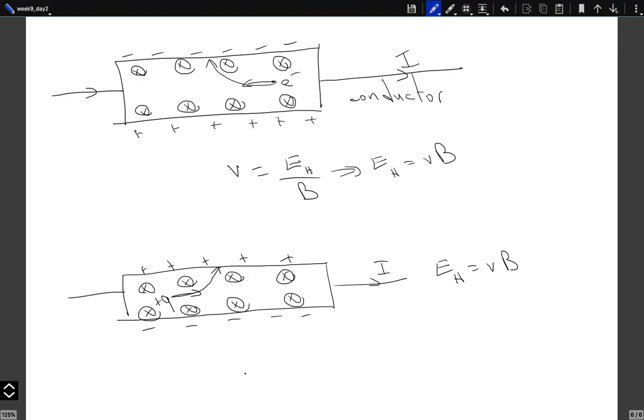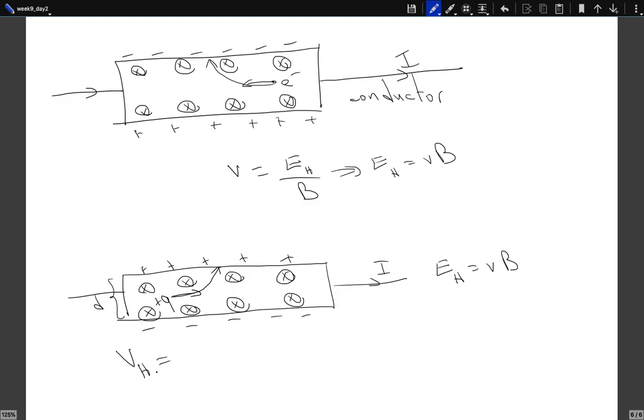What will be the potential difference? Let's say this is d. The Hall potential difference, well, we know the electric field. It will be uniform. The thickness is d.